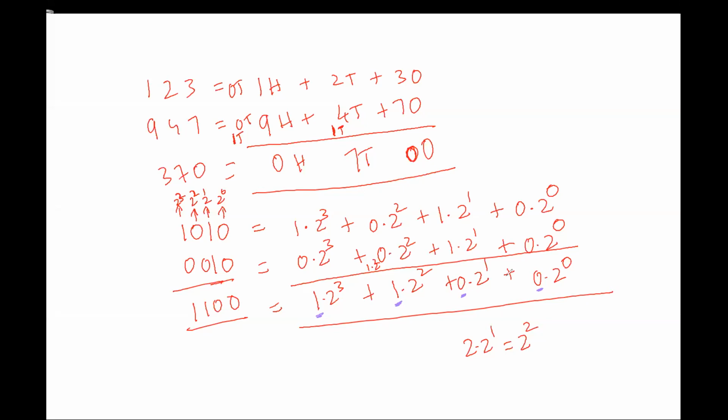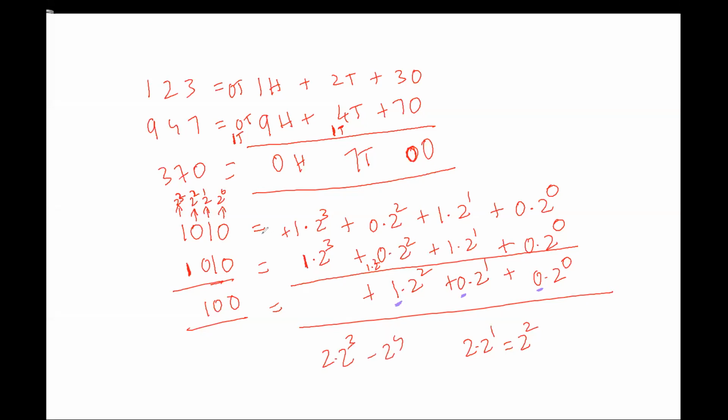So now, how does overflow happen? Let's say you have 1 here. Similarly, the way it happened before, everything else remains the same. And when we come to 1 2 cube plus 1 2 cube, you get 2 2 cube, but 2 2 cube is nothing but 2 power 4.